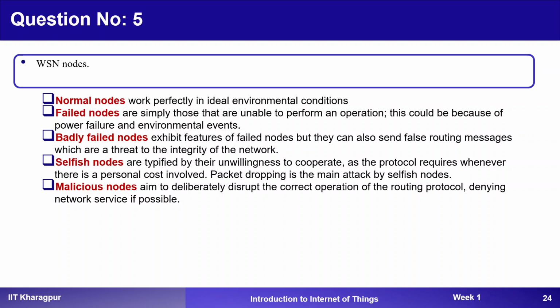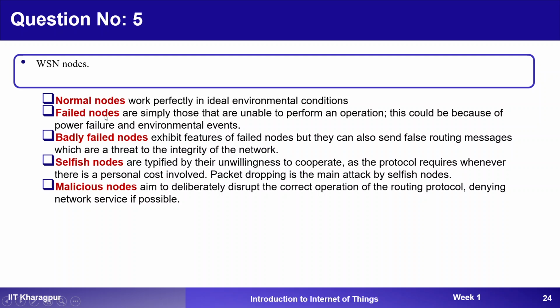Normal nodes, as the name suggests, are the nodes which are working perfectly fine in ideal environment conditions, whereas abnormal nodes are the nodes which are not working properly. These abnormal nodes are further categorized into four categories: first is the failed node, second is the badly failed node, third is the selfish node, and fourth is the malicious node.